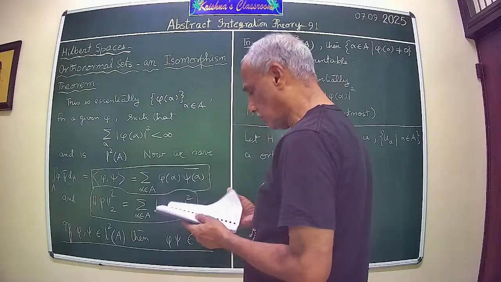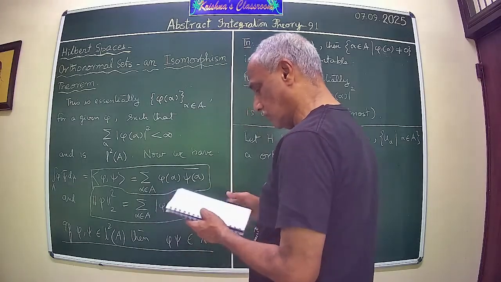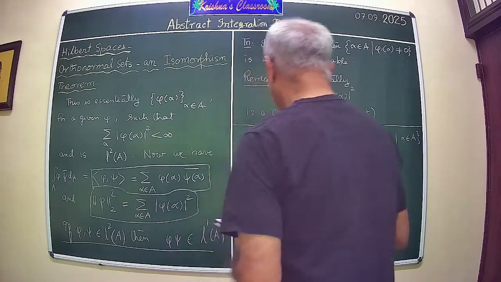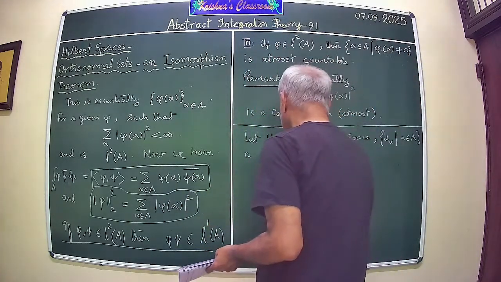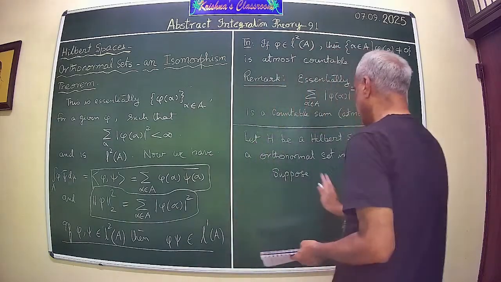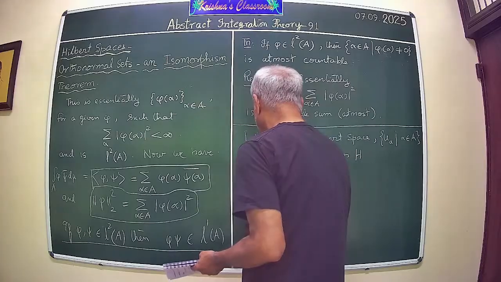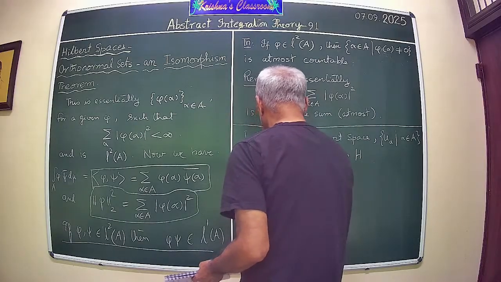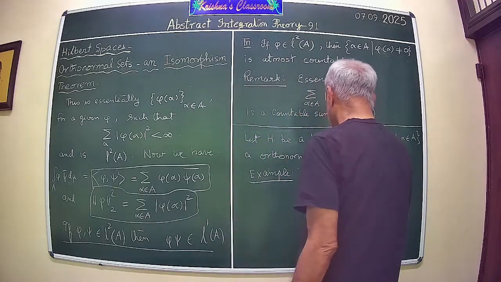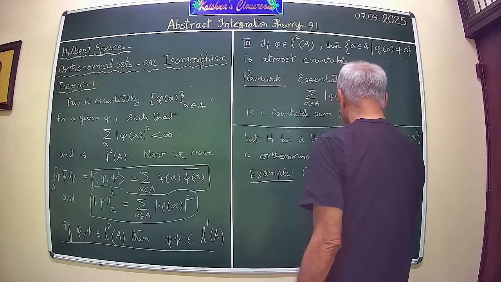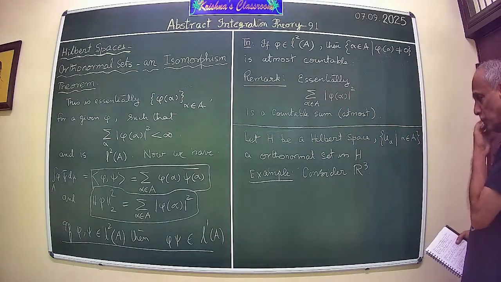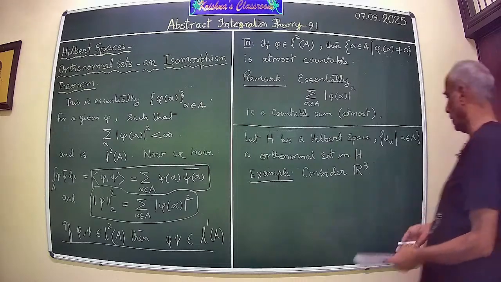Okay. Now, we want to explore the following. So, you see that, suppose, okay, let us look at some example. Consider a three-dimensional vector space. Let U1, U2 be orthonormal.